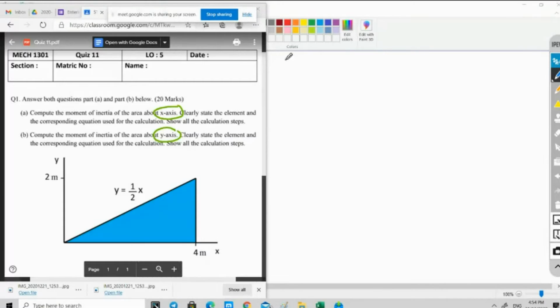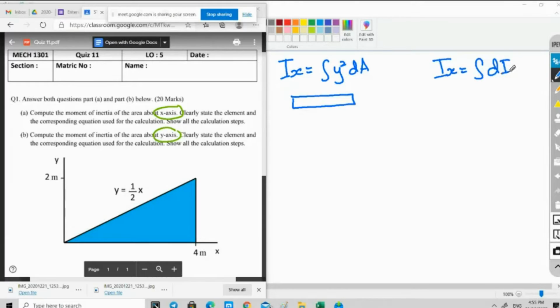Right? For example, for Ix, in terms of the integration equation will be the integration of y squared dA. I put it down here. This is for a horizontal element, right? And if you want to use Ix equal to the integration of dIx, this is for a vertical element, right?